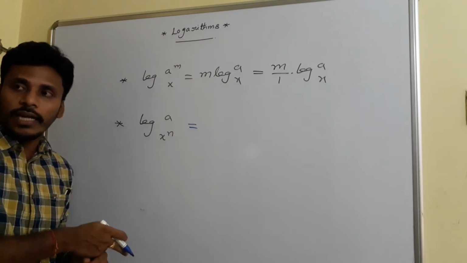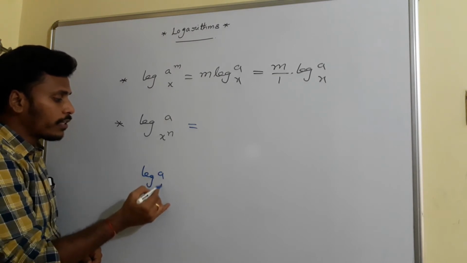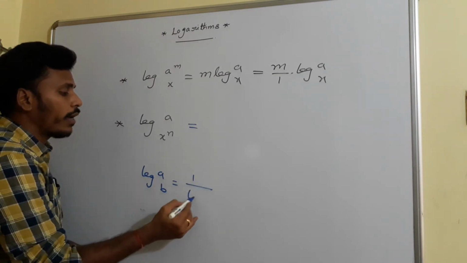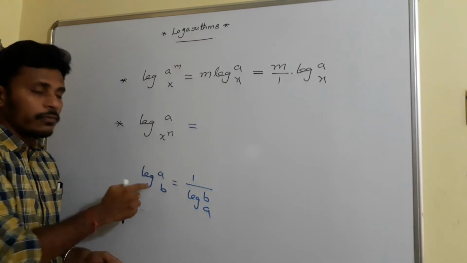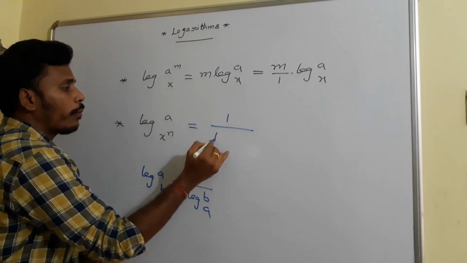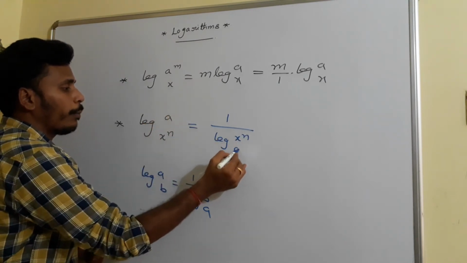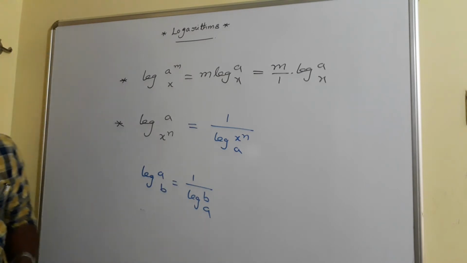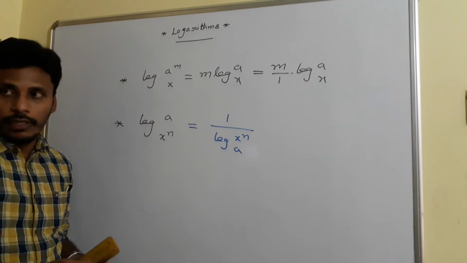We mentioned a law at the start of the class that logarithm of a base b can be written as 1 by log b base a. If you use 1 by, these two terms will get interchanged. With that help, I am writing it as 1 by logarithm of x power n base a, interchanging these two. Is it right? Log a base x power n can be written as 1 by log x power n base a.